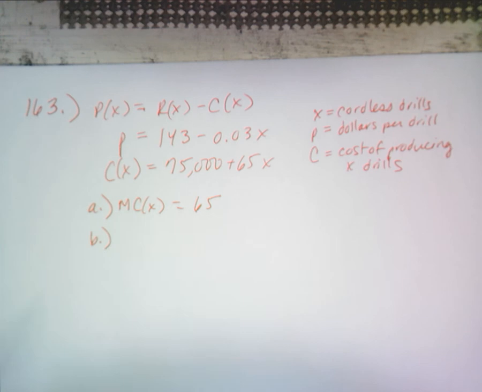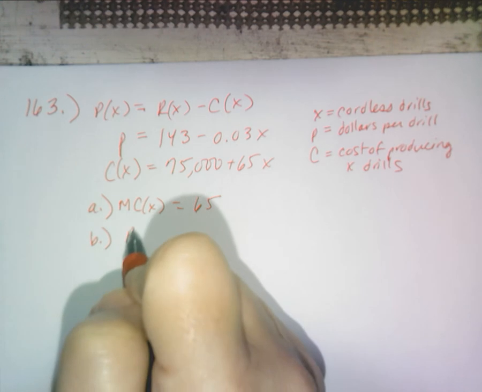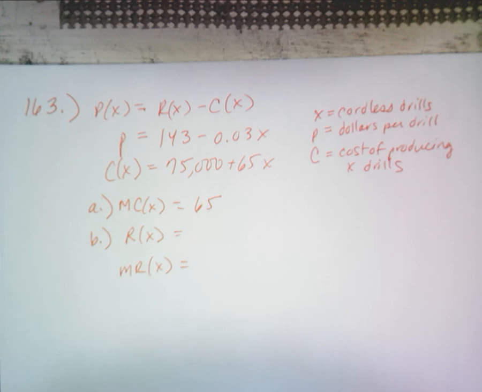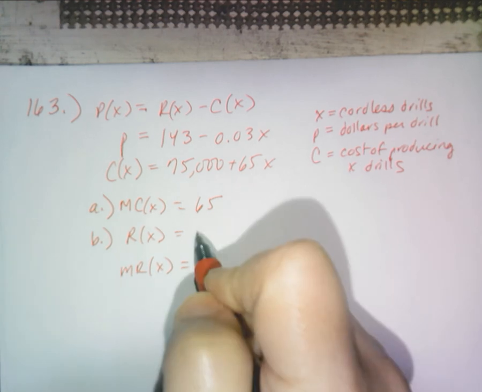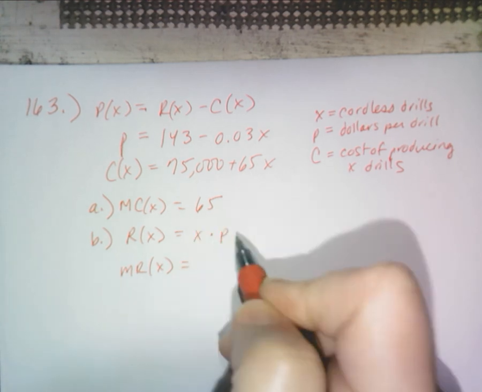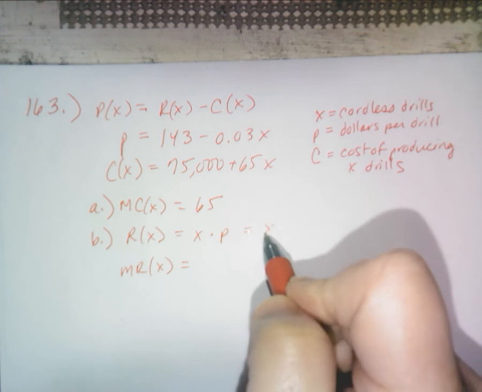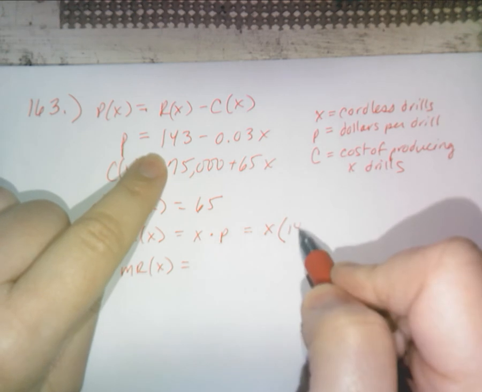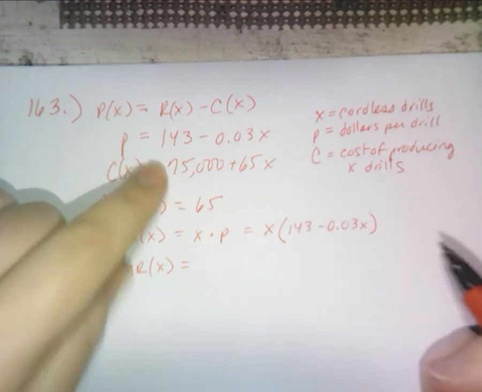Part B says find the revenue and marginal revenue. So we have to find R of X and marginal revenue, which is known as MR of X. Revenue, if you look at your notes, is equal to X times P. So you have to do X times the price of the cordless drill, so times 143 minus 0.03X.